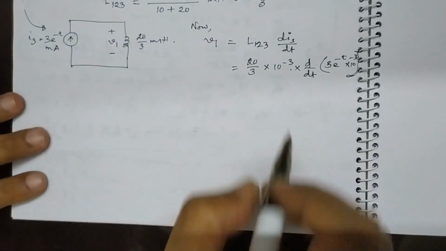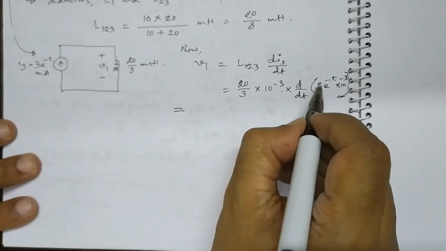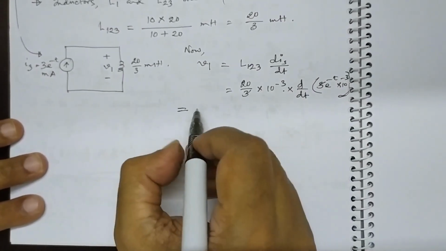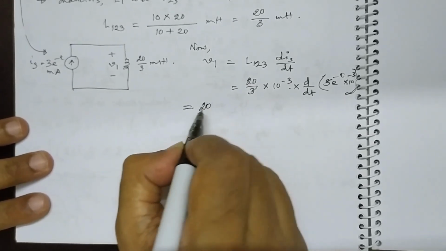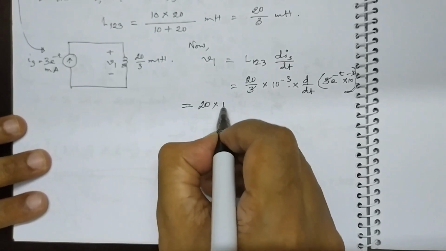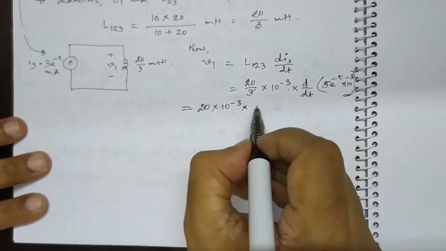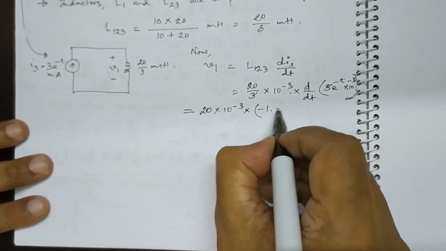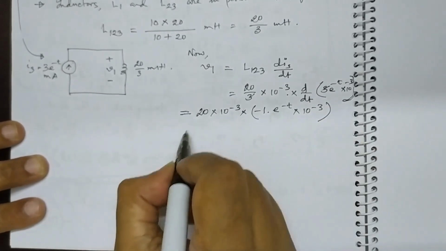Right. So which gives us, this 3 and 3 go off, so it is giving us 20 into 10 to the power minus 3 into minus 1 into e to the power minus t into 10 to the power minus 3.